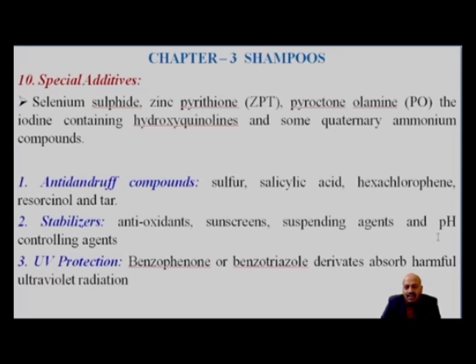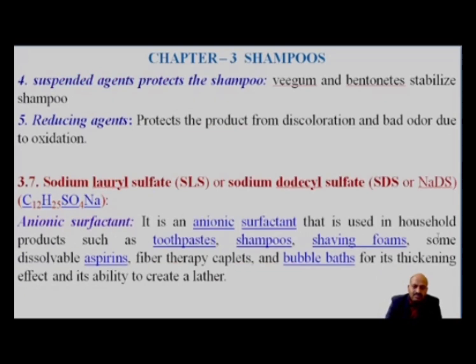First point, anti-dandruff compounds: sulfur, salicylic acid, hexachloroprene, resorcinol, and tar. Stabilizers may be added, that is, antioxidants, sunscreens, suspending agents, and pH controlling agents, called stabilizers. UV protection is very much needed, that is, benzophenone or benzotriazole derivatives absorb harmful ultraviolet radiations.